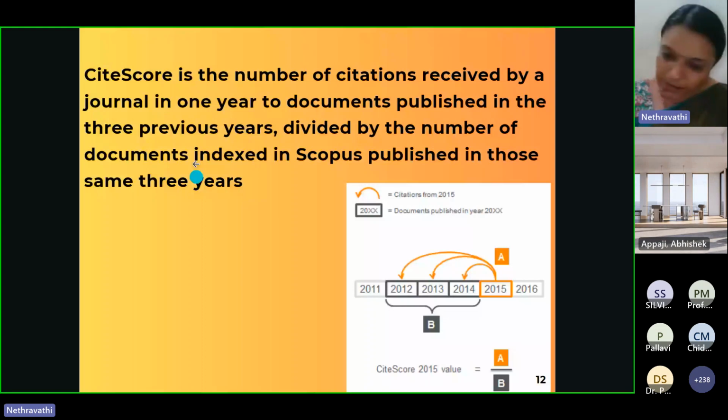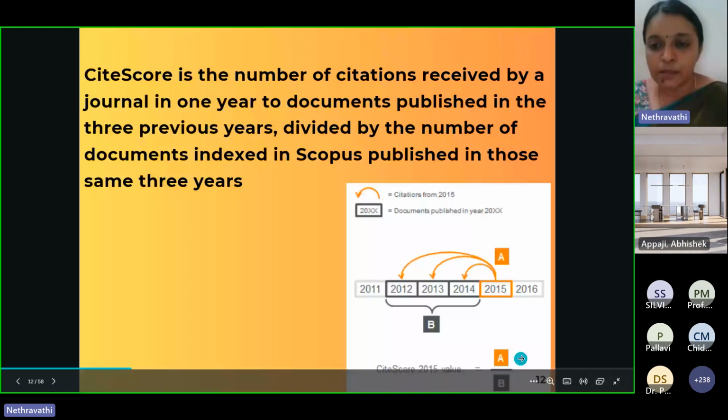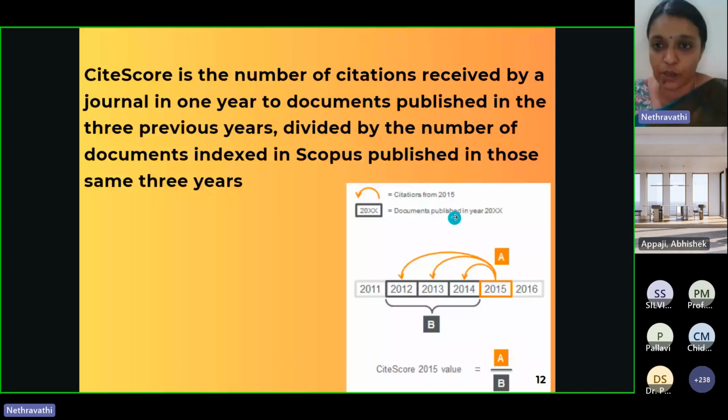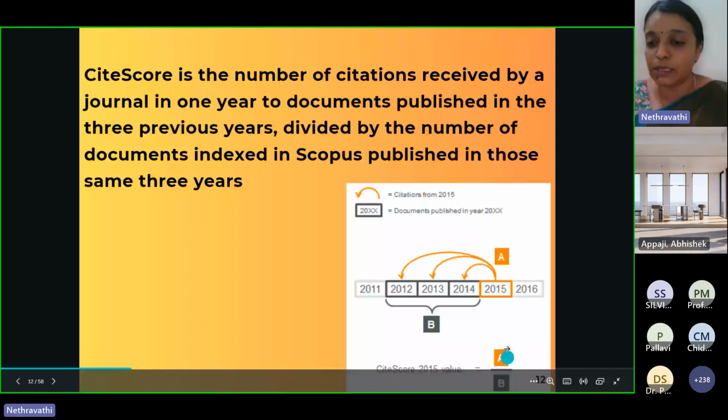Again, I've taken A divided by B. A is the citations for the year you are calculating, and B, the denominator, is now 3 years, unlike in impact factor, where we had the previous 2 years.